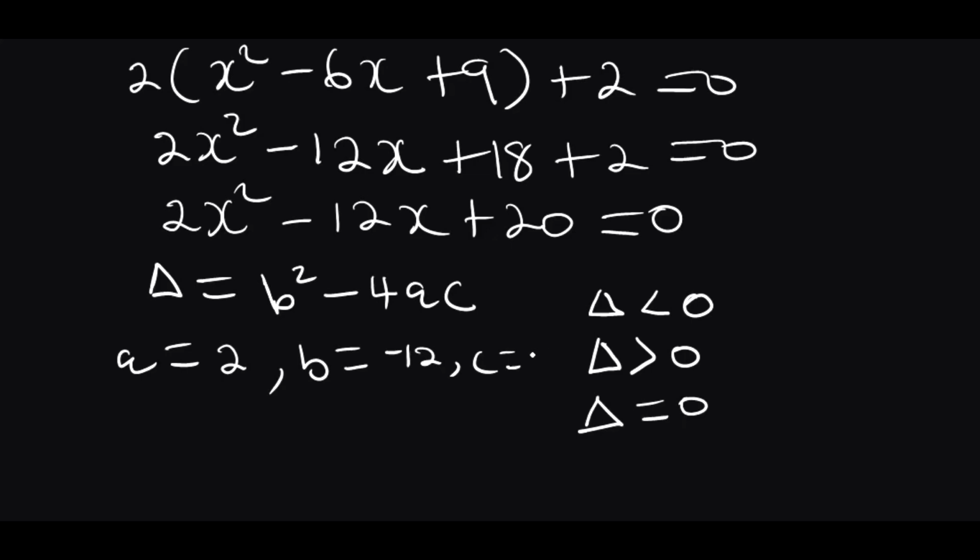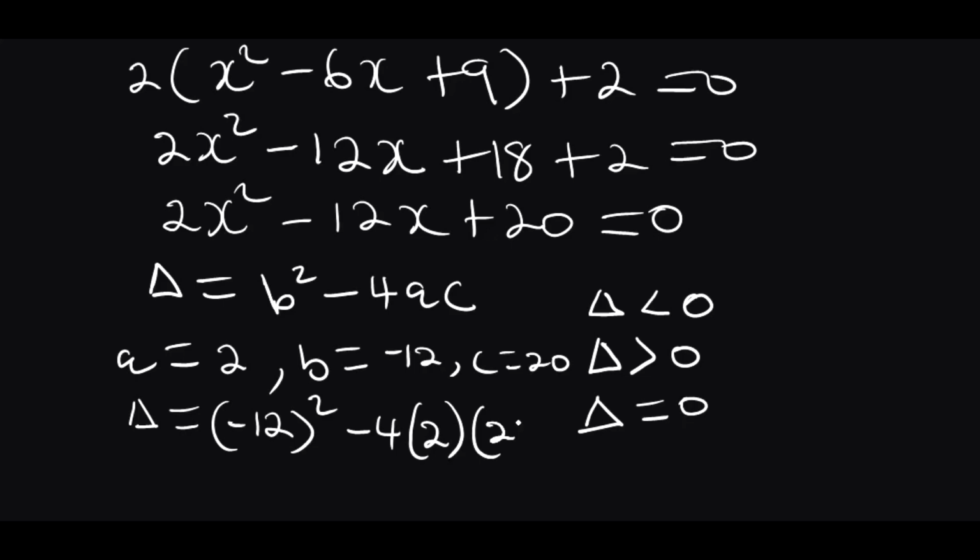c equals to 20. Right now, let us substitute. Discriminant is equal to b squared, where there is b, we put negative 12 squared, minus 4, where there is a, we put 2, where there is c, we put 20.